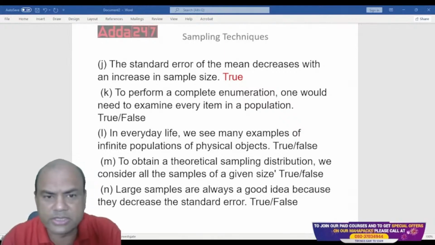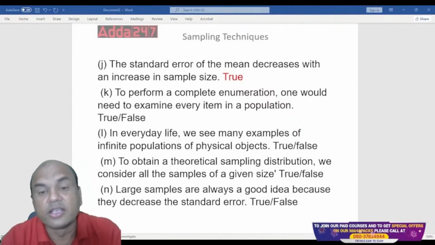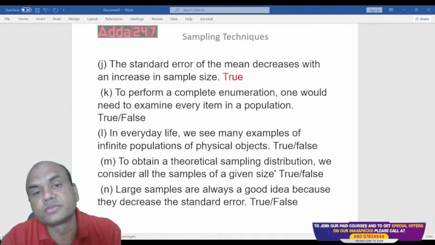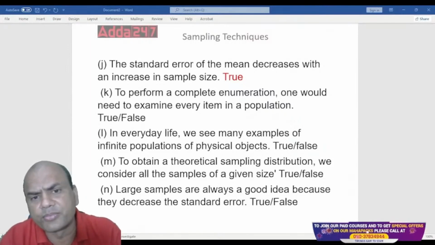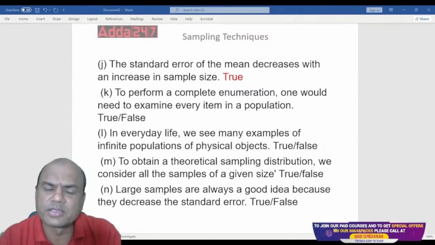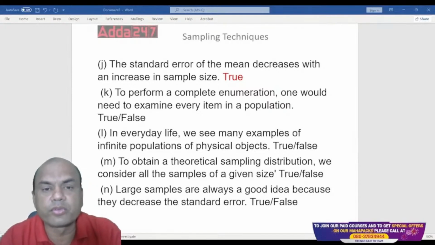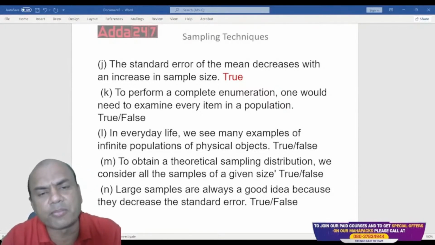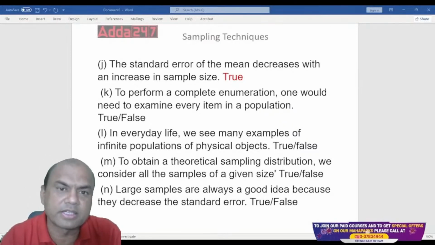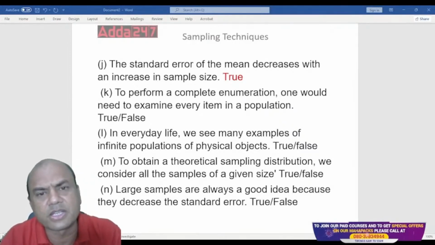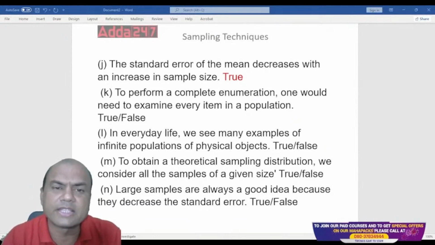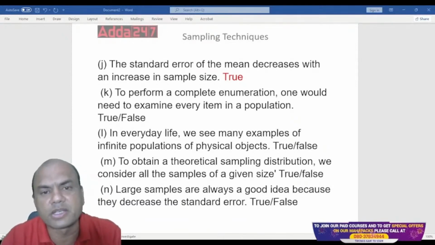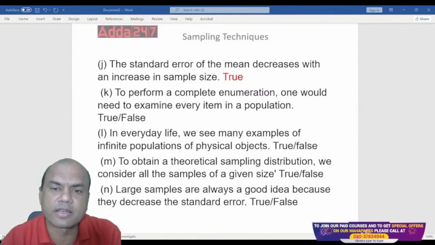Some 5-6 questions. Is it required to do the survey of each and every element? Not required, isn't it? What do we do in this? We take some representative samples. We'll take the samples in various corners of the city, or some 10 samples from various corners of the city, and then we'll find out the average salary, right?